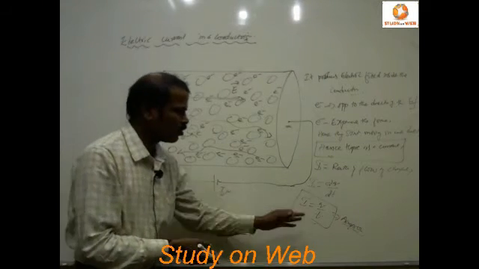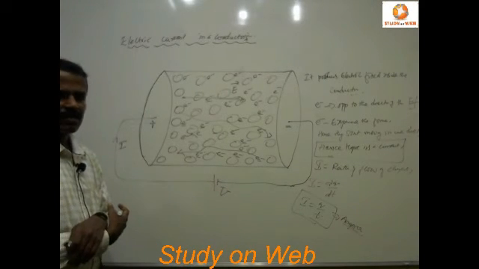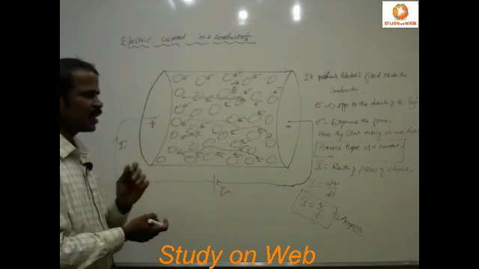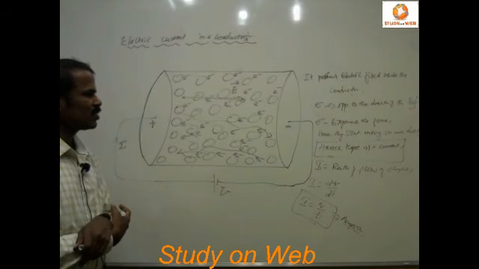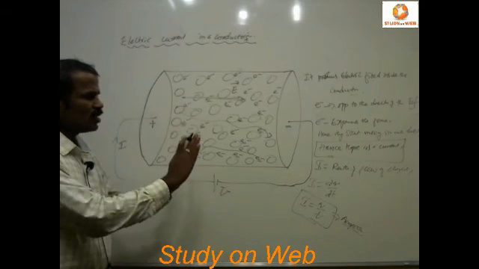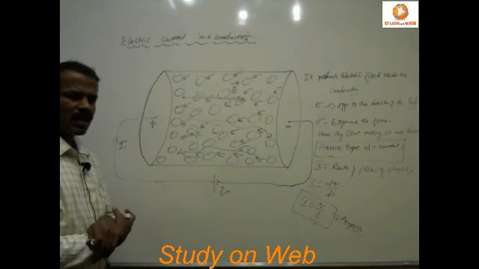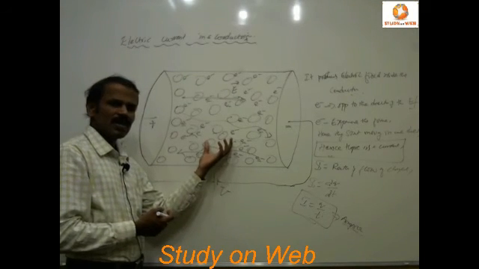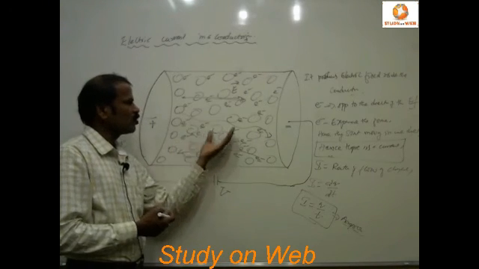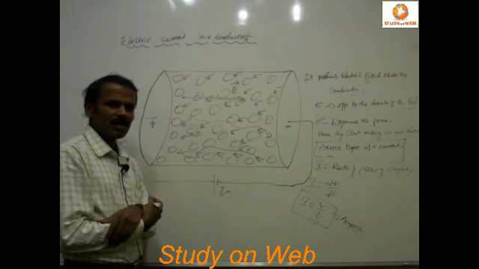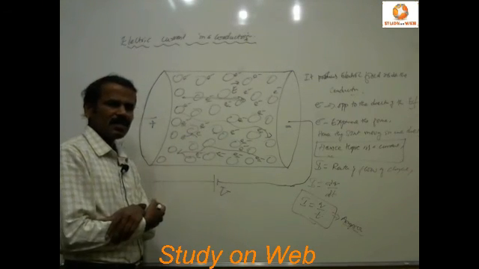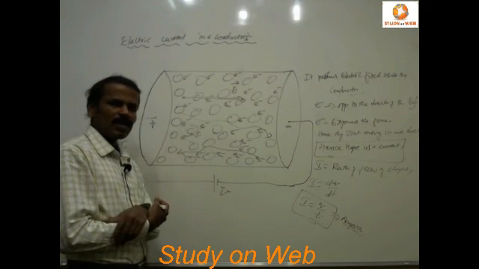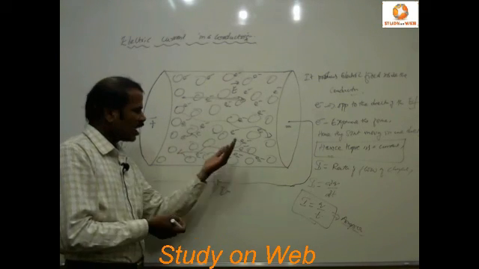Anyway, I is equal to Q by t. Now this is how, on the application of the potential difference, all electrons move in the same direction due to the force experienced.